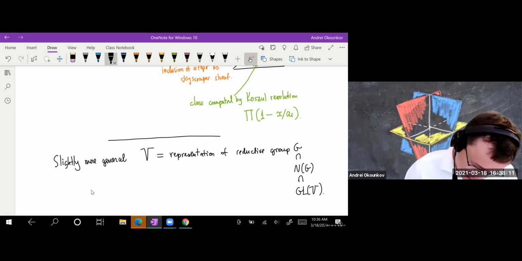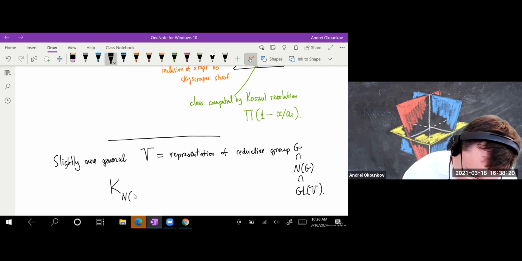And then you can study the question: there's a restriction map. You take the equivariant K-theory of V for the normalizer of G, and this restricts.